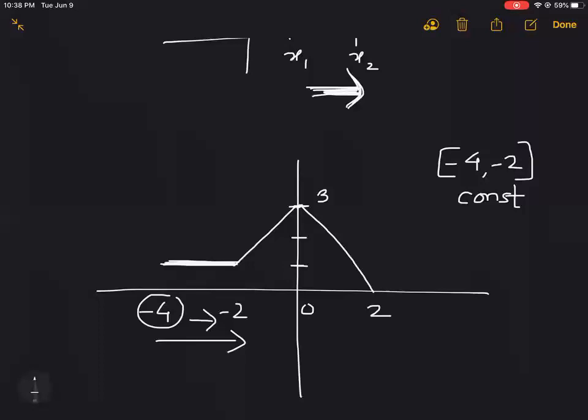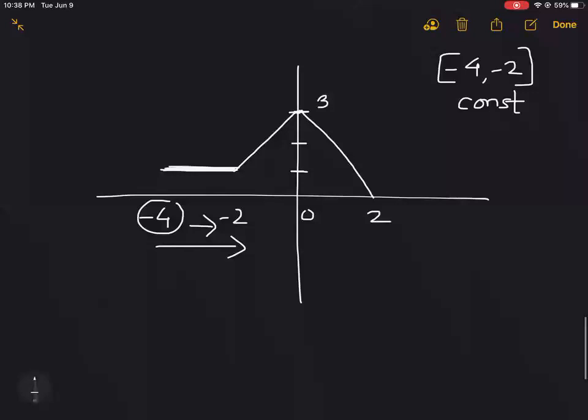Okay. Next, as I'm increasing my value from -2 to 0, you can see the functional value is going up. Initially it was 1. Now at 0, it has reached 3. It's definitely on the increase, right? So we'll say from -2 to 0, our function is increasing.